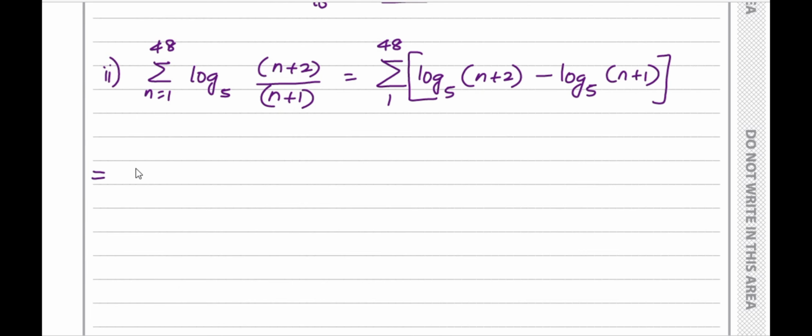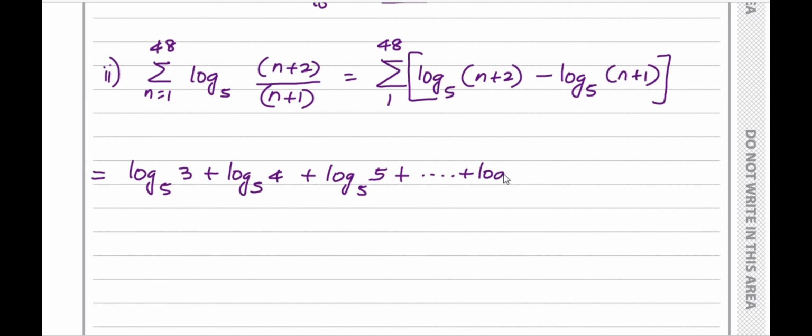This equals log to the base 5. First term is 1 plus 2 is 3, second term 2 plus 2, 4, and so on, dot dot dot. Let's write the last term also for the first part. That's going to be log to the base 5 of 48 plus 2, 50.